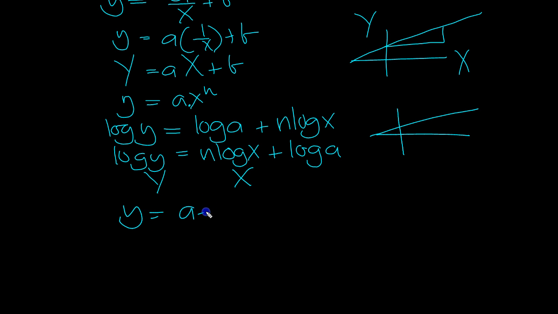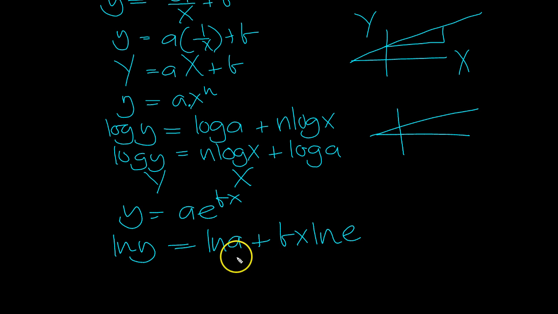y equals a e to the bx. Because this is power e, it's good to take logs to base e, because the power is e to the bx. So natural log of y is equal to natural log of a plus, and this is in the air, so it would be bx log e, wouldn't it? When we simplify the logs, log e is 1, so this is simply bx plus ln a, and that's ln y.